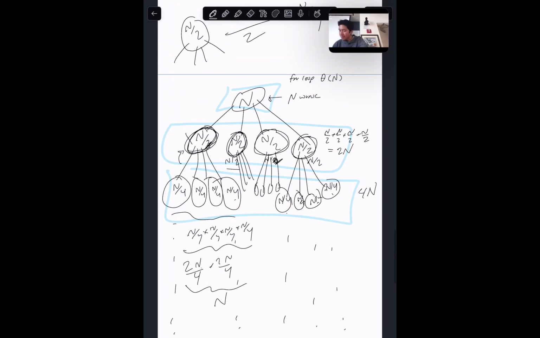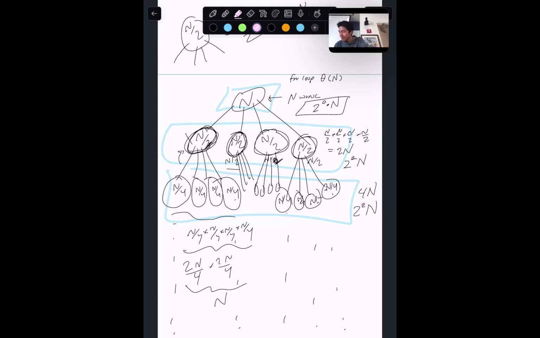So what if I have 2 to the 0 times n for this first level? What if I have 2 to the 1 for the second level here? 2 to the second power times n. We see that the exponent here, let me highlight it, tells us what level we're at.